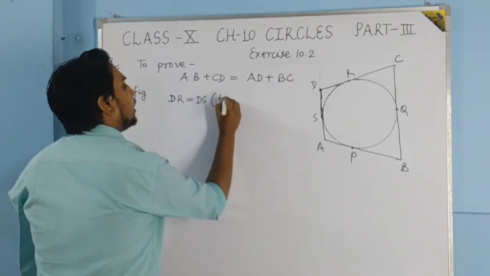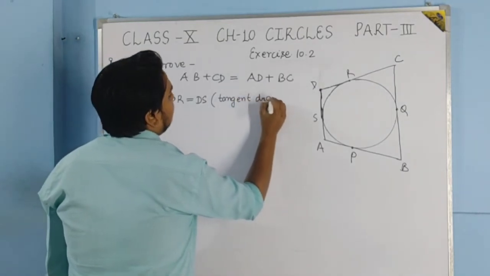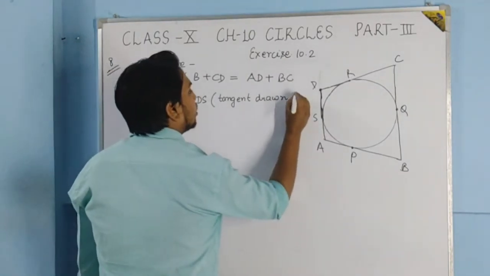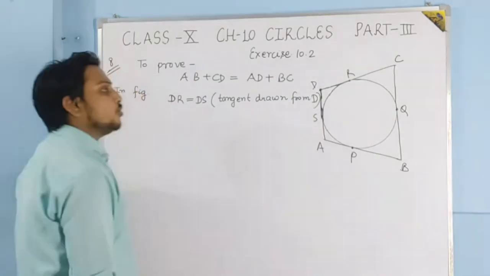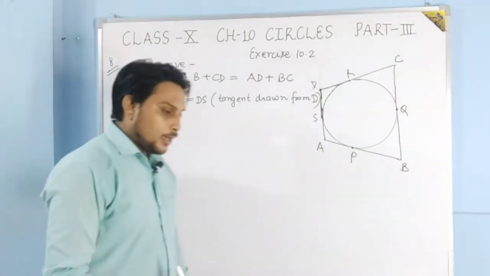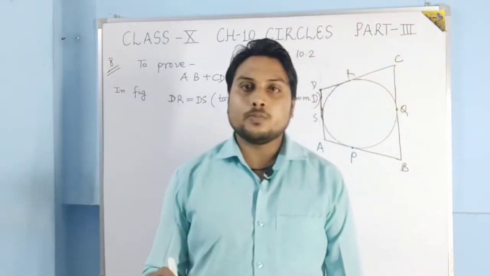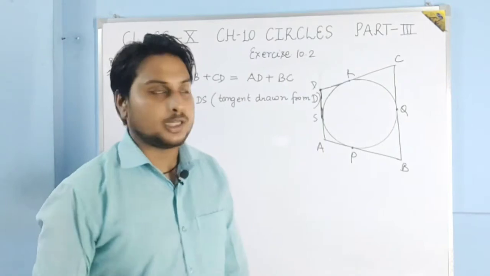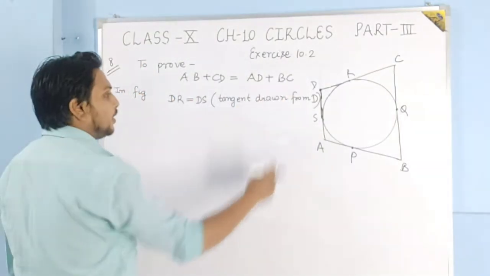The reason is tangent drawn from an external point. So here we will write tangent from D. We know that if we draw tangents from an external point, the lengths of the tangents will be equal. This result we have studied in the last part of the video. So DR will be equal to DS.